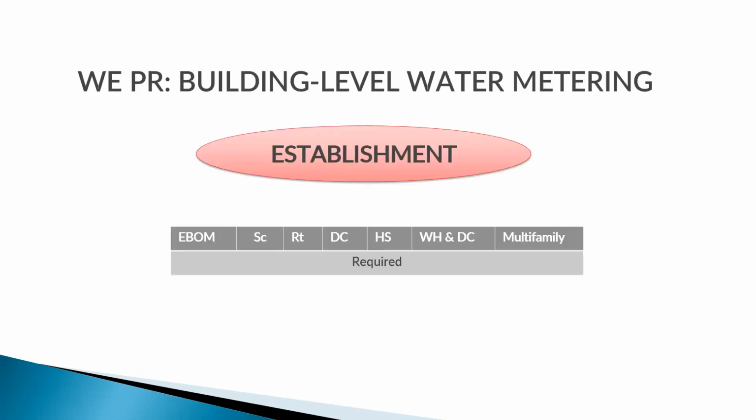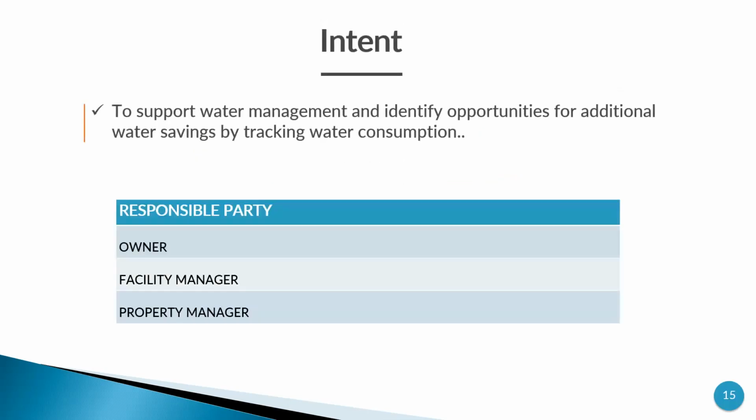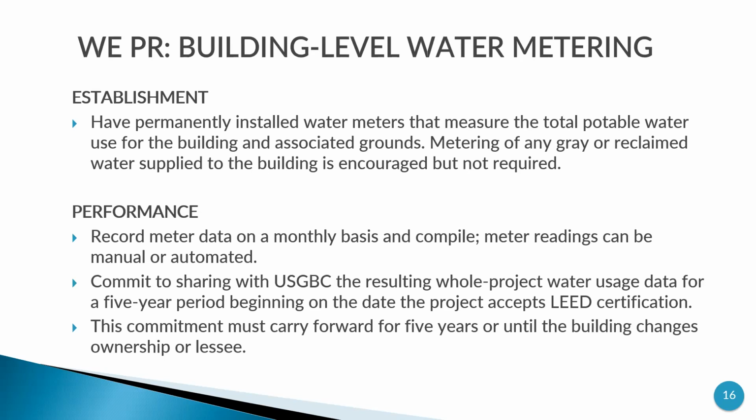Now coming to building level water metering, to support water management and identify opportunities for additional water savings by tracking water consumption. So prerequisite, establishment: have permanently installed water meters that measure the total potable water use for the building and associated grounds. Metering of any grey or reclaimed water supplied to the building is encouraged but not required.